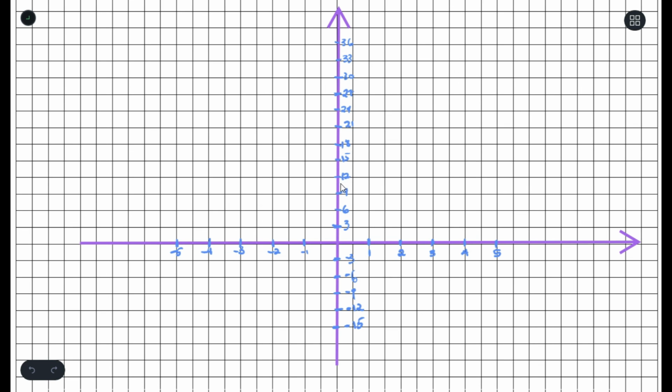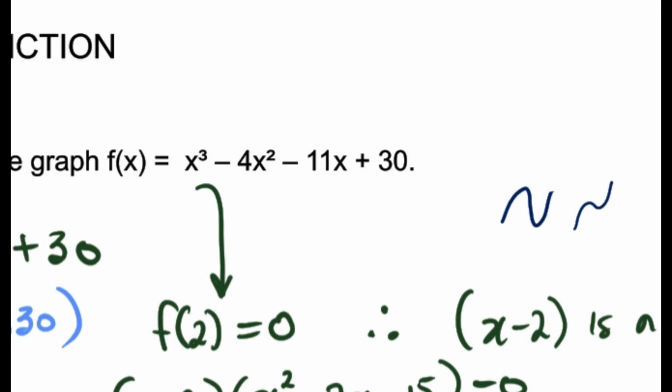Starting with the y-intercept, then the x-intercepts, then the turning points, and finally the point of inflection. Now we said before that our graph needs to look like one of these two we see over here. So obviously it's going to look like the first one, and that's what we want to draw.